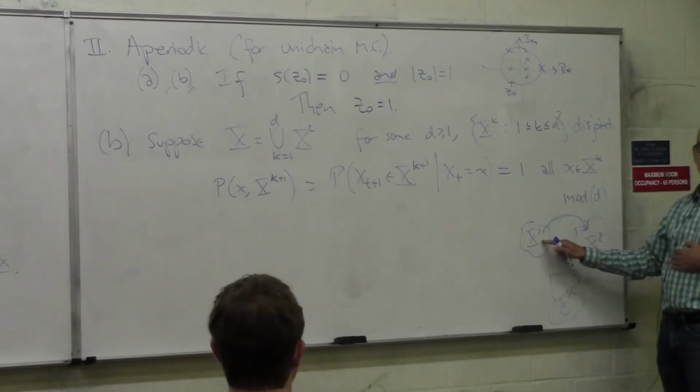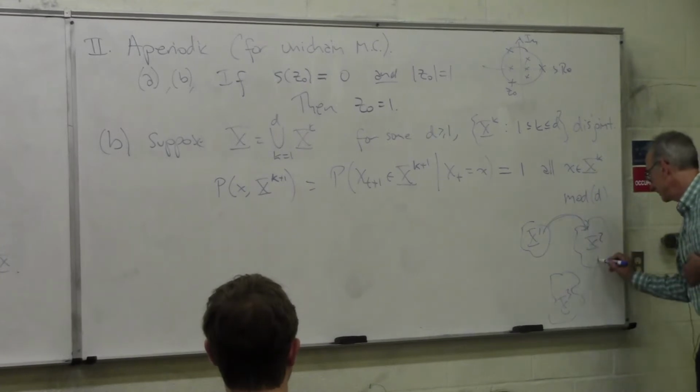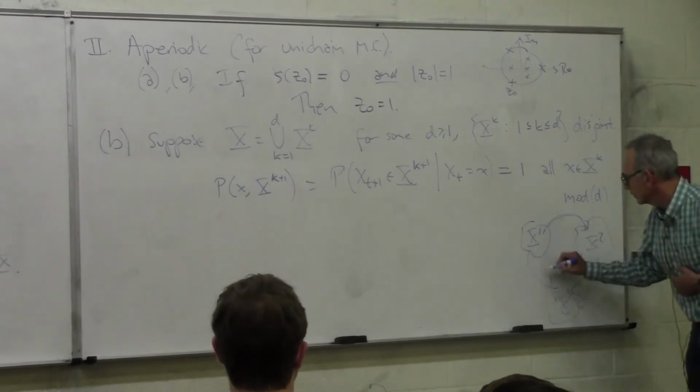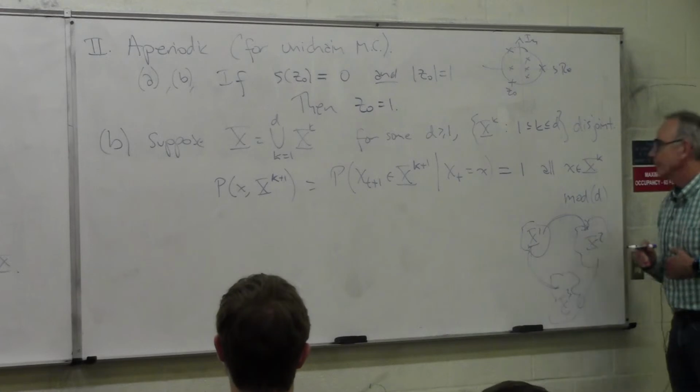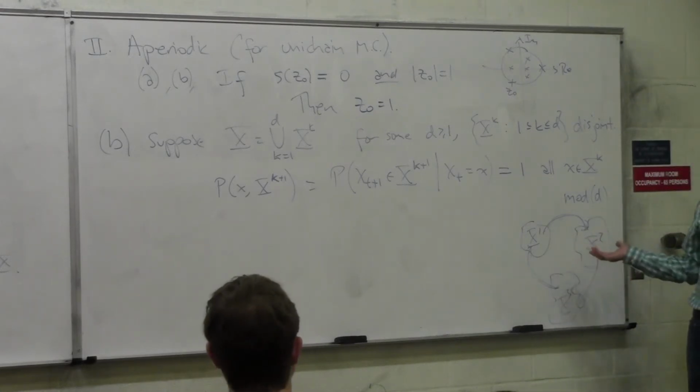Any point here goes to some point here, and any point here goes to some point here, and so forth. So aperiodicity means this can't happen.